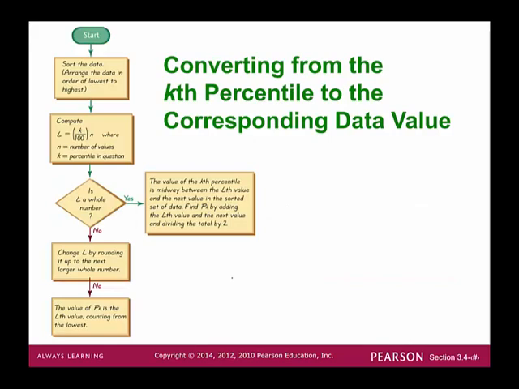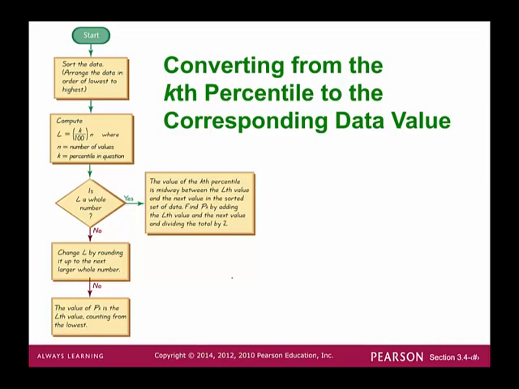Now, once you have the locator, first of all, we sort the data, arrange the data in increasing order. Then we use the locator formula to calculate the locator, n times k over 100.